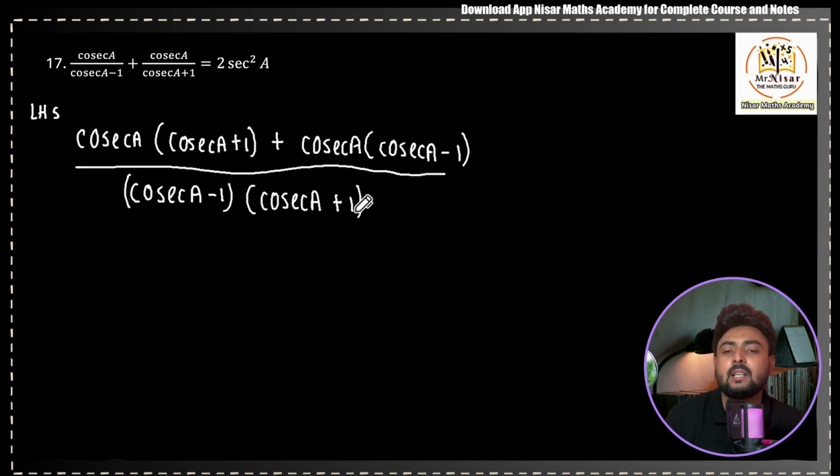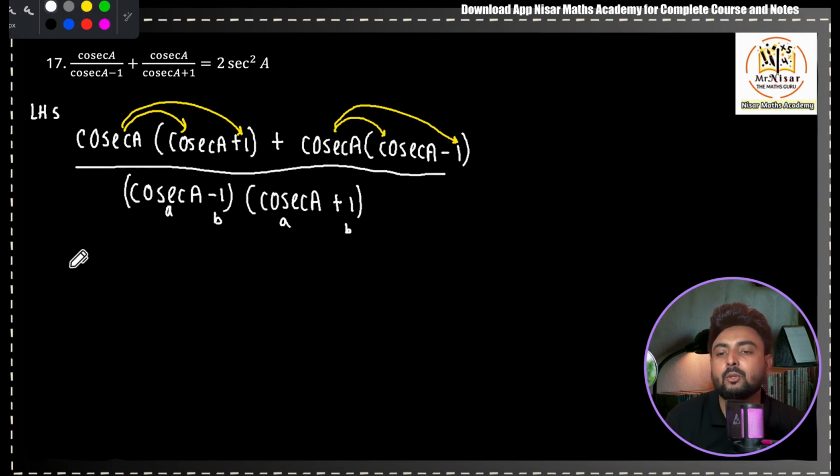So here clearly I can see, children, in the denominator the same pair with the opposite sign. So can I say A minus B, A plus B is going to become A square minus B square. Okay, so what will happen here? Now what we'll do, as per the given thing, this will be multiplied with this, and this will be multiplied with this. So what I'll be getting in the next step, I'll write it over here.